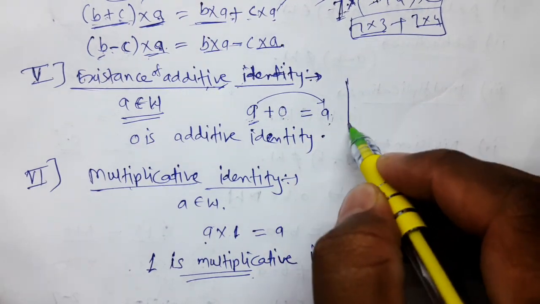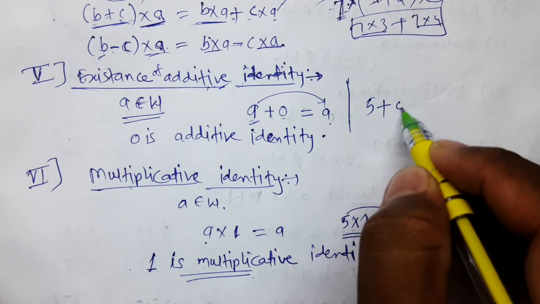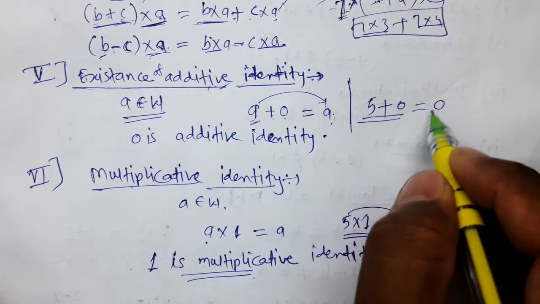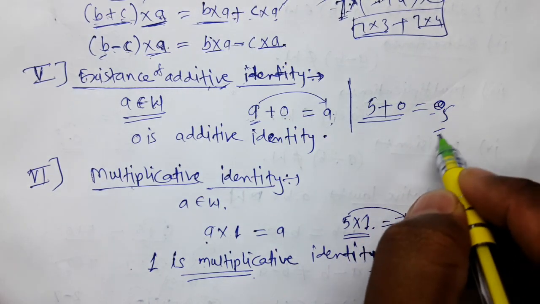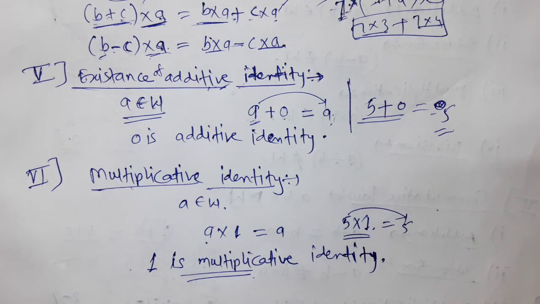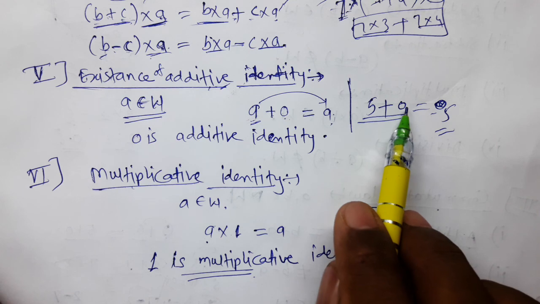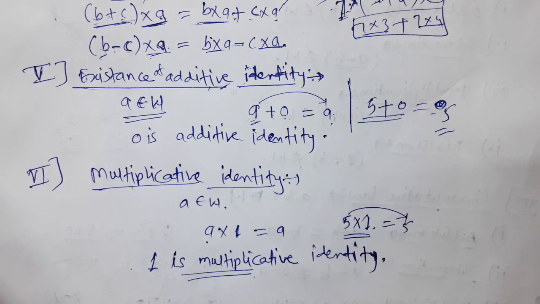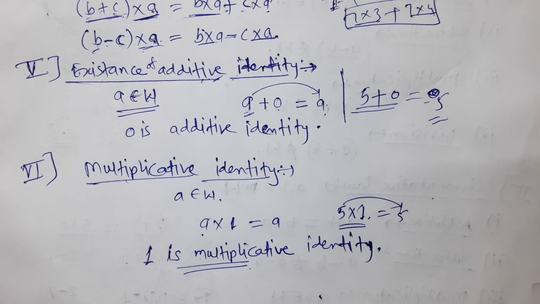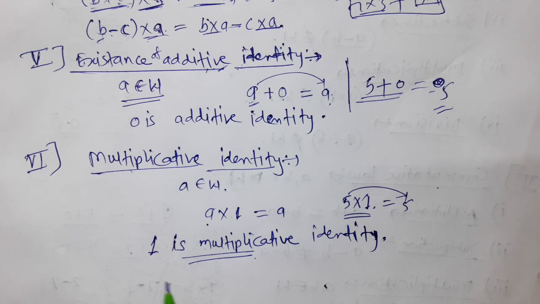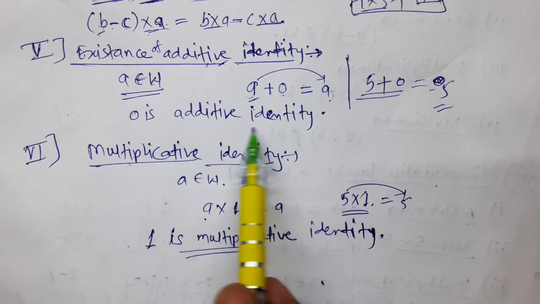Let us take one example. Suppose 5 is there. If we add 5 plus 0, the result will be 5. So 0 is the additive identity, which does not change the given element after adding it.